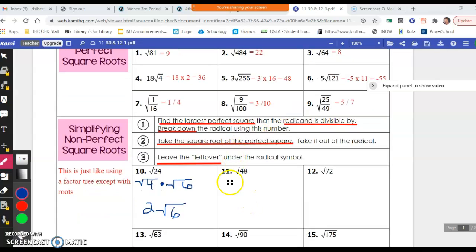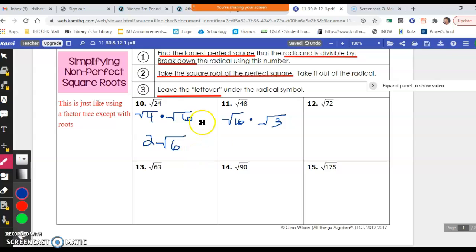No. Okay, so we've got the square root of 16 times the square root of what? 3. Okay? All right. Now, go ahead and take the square root. What's the square root of 16? 4. And can we take the square root of 3? Nope. So it's just 4 times the square root of 3.